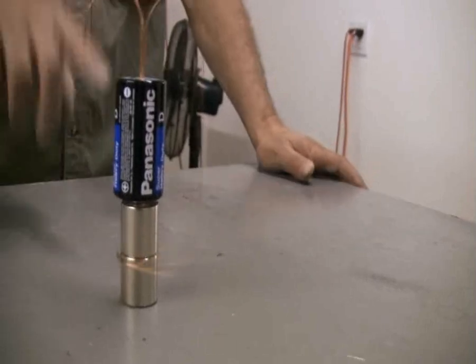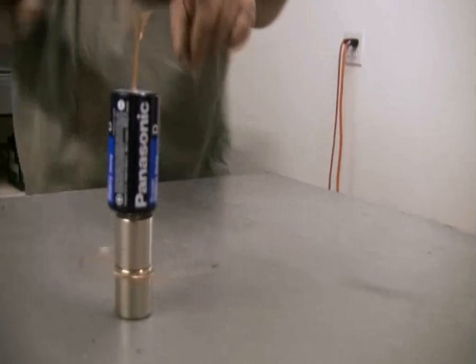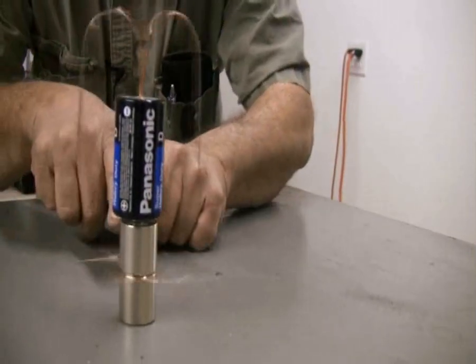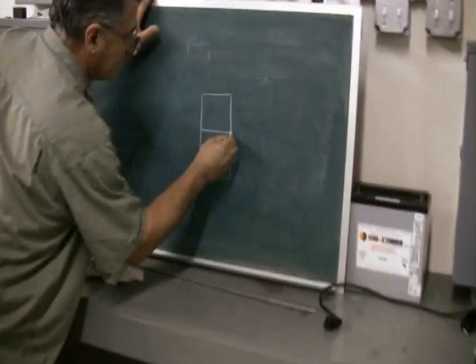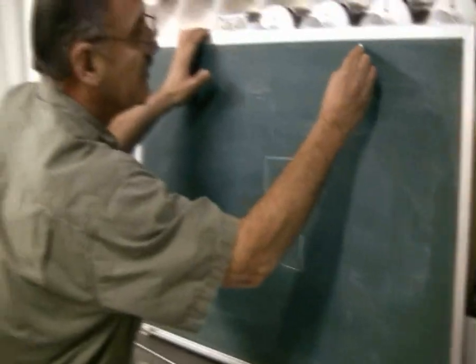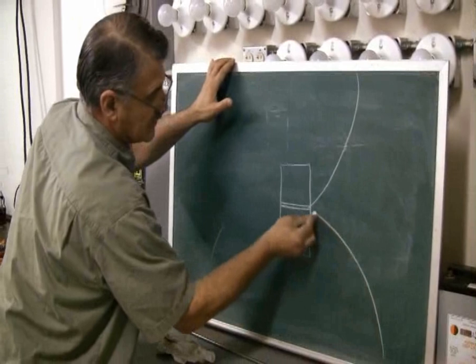So the magnetic field is actually out like this in lines, and right where this thing is, right in the center of this 0. Right here where I have the two magnets together, the vacuum energy is entering in here.